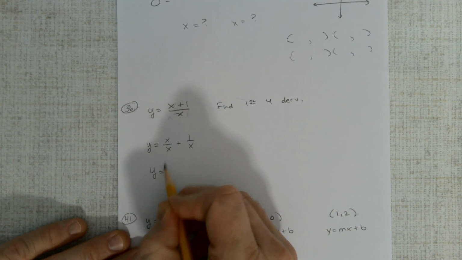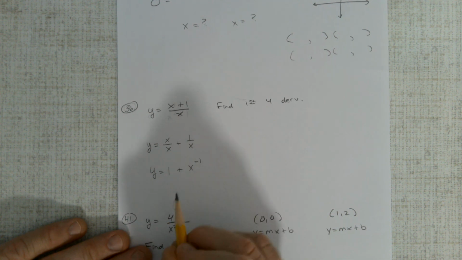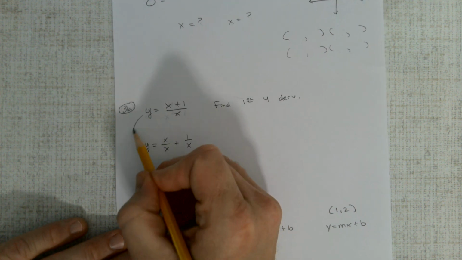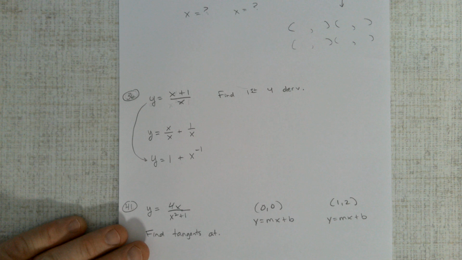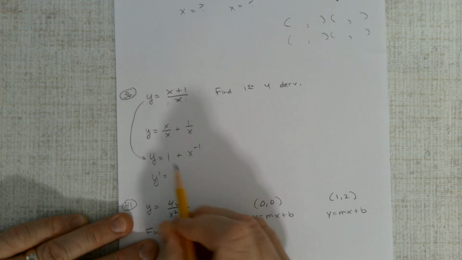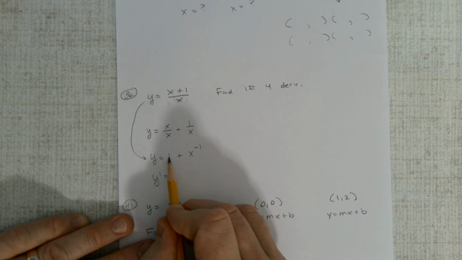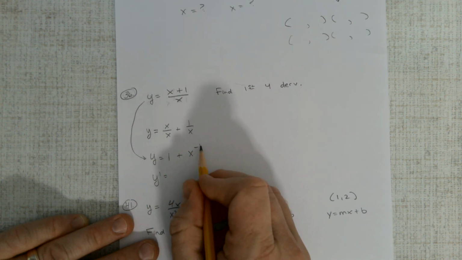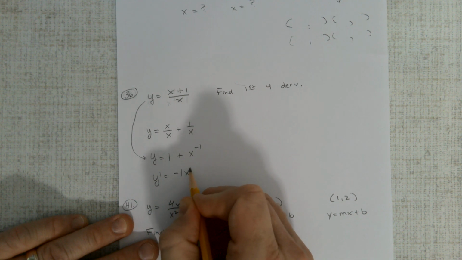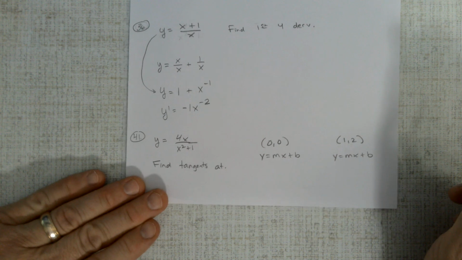And wouldn't this just be 1, and this would be x to the negative 1? This is going to be an easier version, I think, to find the derivative. Because then if you find the first derivative, well, what's the derivative of this? Because now I can use the sum rule. That's 0. What's the derivative of this? That'd be negative 1, x to the negative 2. And then you could keep going from there.